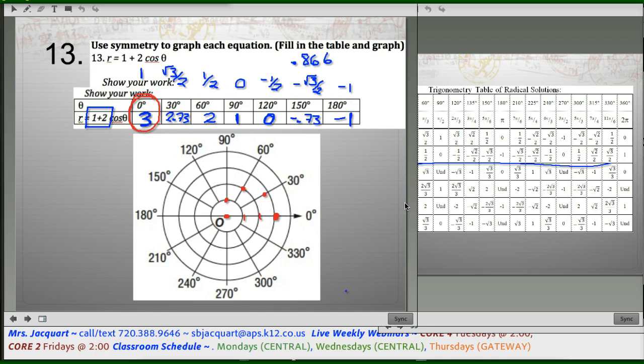And then 150, we're going to go around 150, but we're going to go -0.73, which is about here. And then on 180, we're going to go -1. So what we have so far is up and around, in and out. Okay, so that's a really cool graph. Then we're going to use symmetry to finish her off.